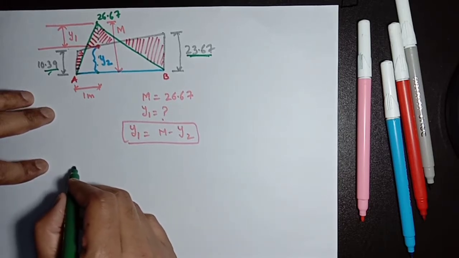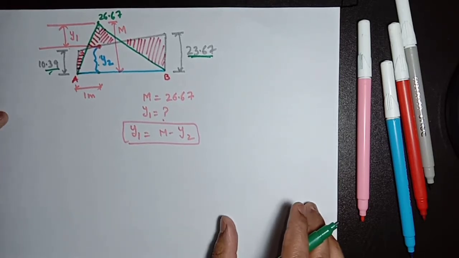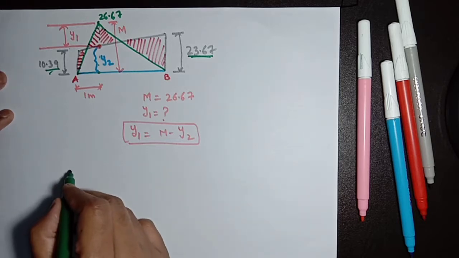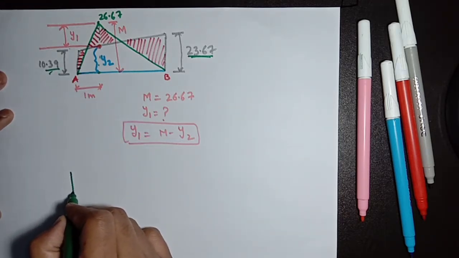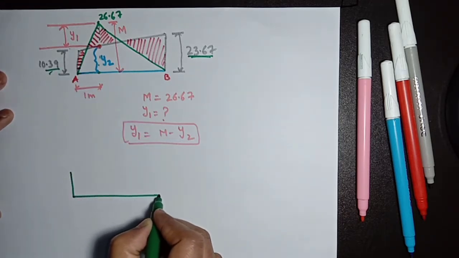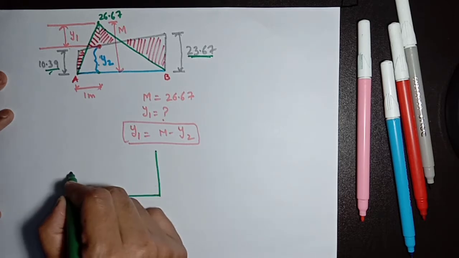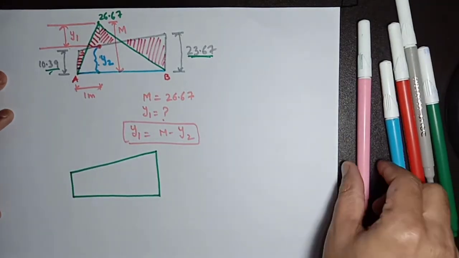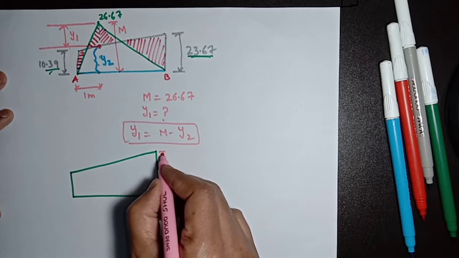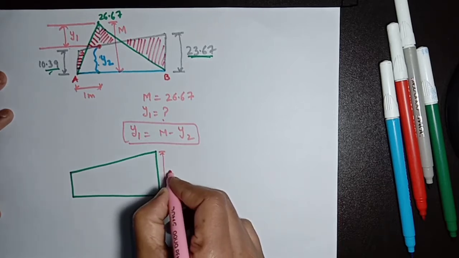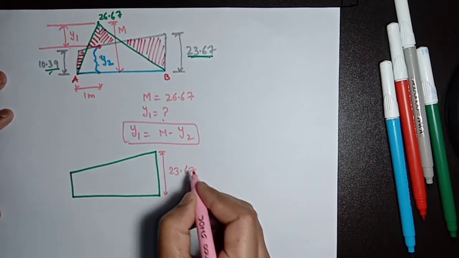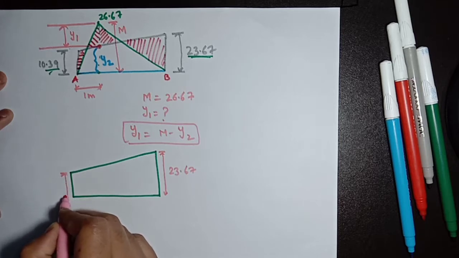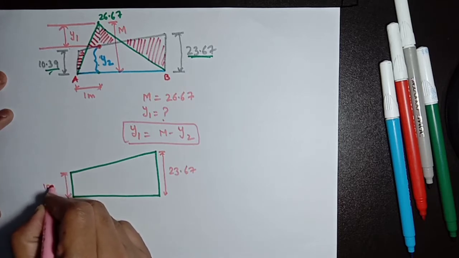You will see here. Now I am drawing this trapezoidal shape having the support moment. This value is 23.67. This value is 10.39.